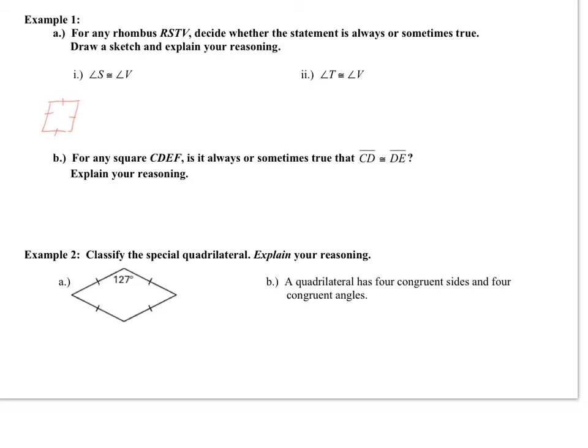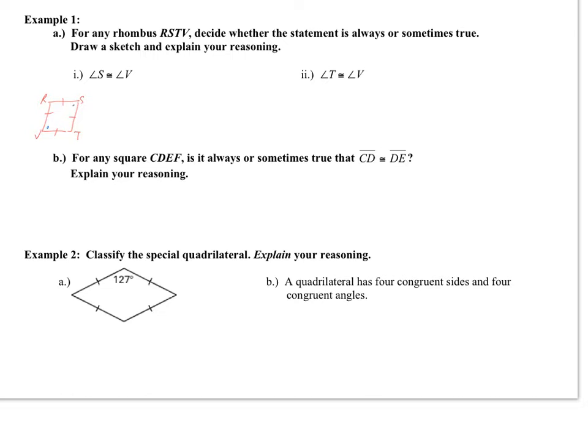Example 1. For any rhombus RSTV, decide whether the statement is always or sometimes true. Draw a sketch and explain your reasoning. So here I already have a sketch for you. I want to know if angle S and angle V are always congruent.